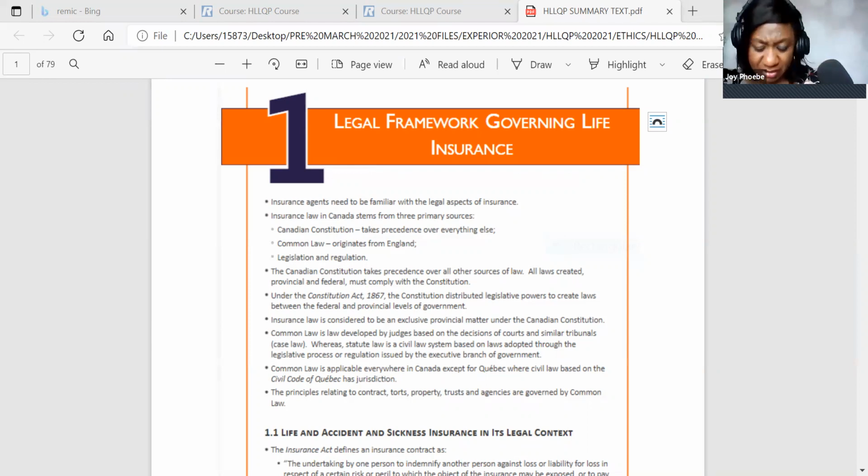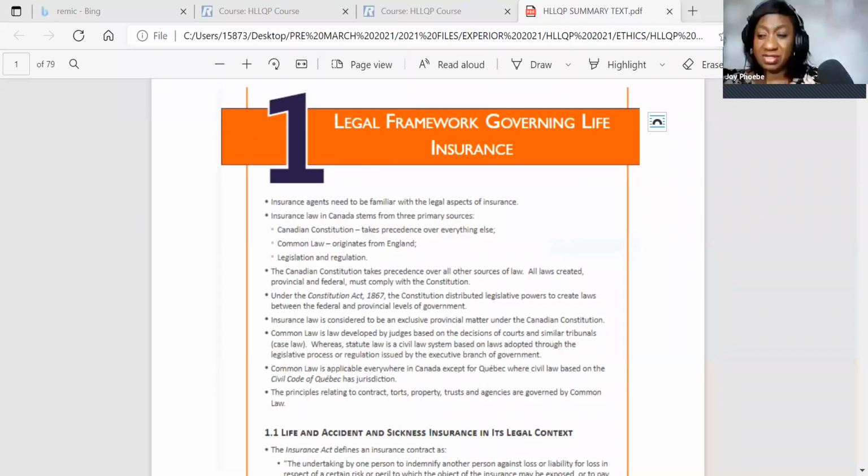It says that the Insurance Act defines an insurance contract as one to indemnify another person against loss or liability for loss in respect of a certain risk or peril to which the object of the insurance may be exposed, or to pay a sum of money or other things of value upon the happening of a certain event. This is big grammar, but in simple words, one person takes care of the risk and the other person pays.